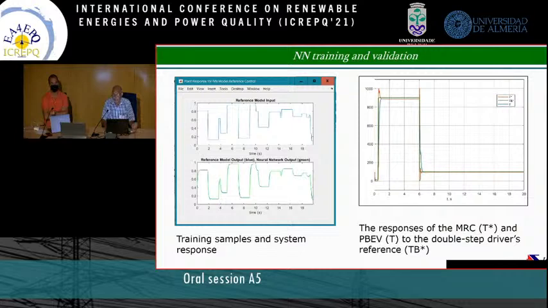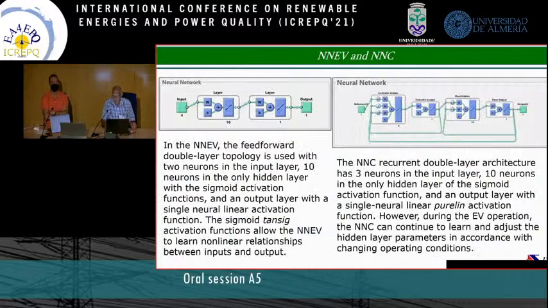And to the right, we can see some real possibilities when the driver presses the stop pedal and the system tries to implement this result. Here you can find different models which were obtained. To the left, the neural network model of the electrical vehicle, and to the right, the neural network controller.